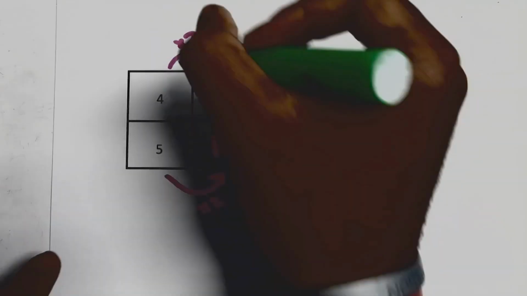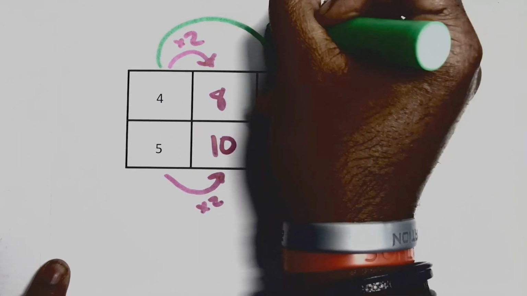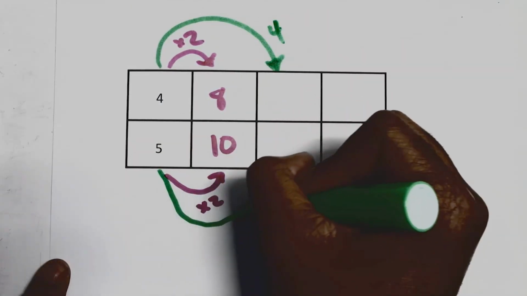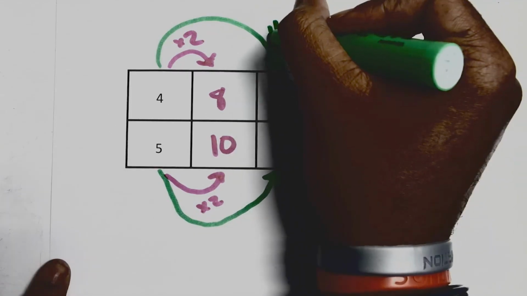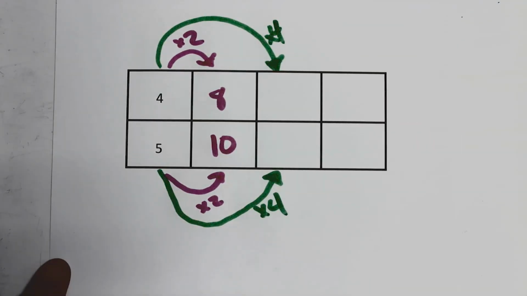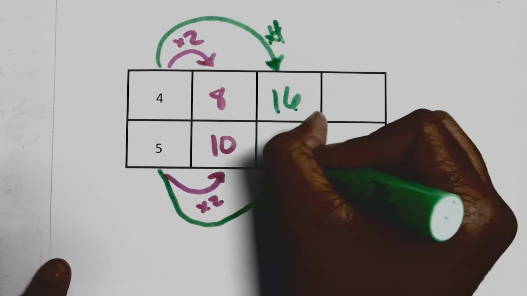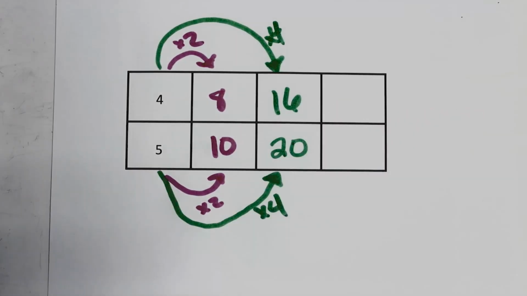So if I multiply by 4, what do we have now for our new terms? I agree. We now have 16 and 20. Let's try one more set of terms.